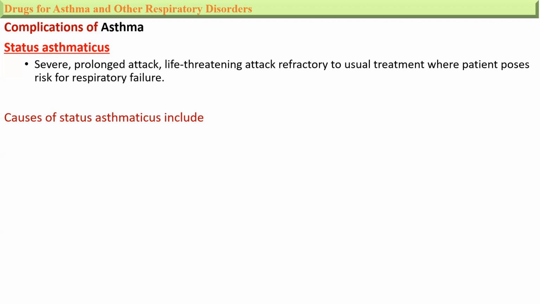Or if the patient is on certain breathing treatment, abrupt discontinuation of the drug therapy could result in status asthmaticus. Another factor is abuse of aerosol medication. So abrupt discontinuation of the drug therapy or abuse of that therapy could result in status asthmaticus.